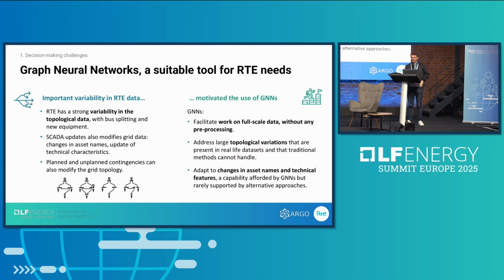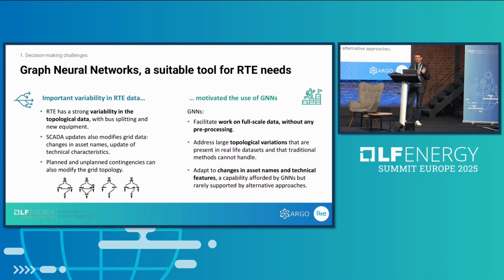Another aspect to this work is that we developed a mathematical formalism that can represent graphs, so power grids, as hyper-heterogeneous multi-graphs, which are a very specific kind of graph. And we have developed a companion graph neural network architecture that works on this kind of data.